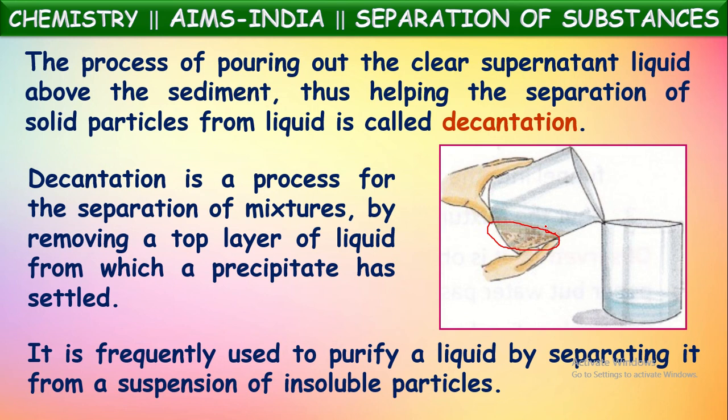Then slowly the pure liquid obtained above is separated into another container by the process called decantation. There, the pure liquid collected into another container is called supernatant liquid, whereas the solid substance remaining in the previous container is called sediment. Okay, this is the sedimentation and decantation process.